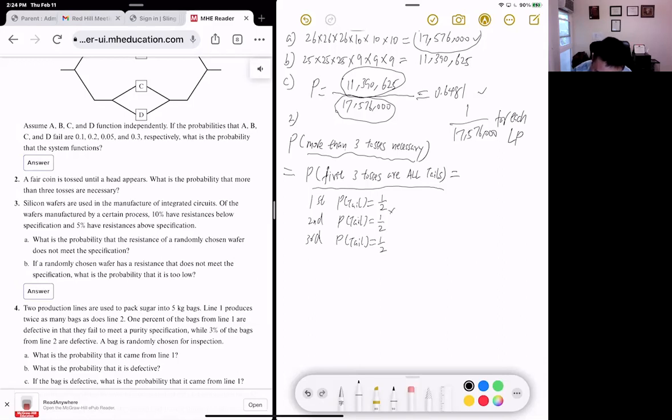So that is a 1/8 chance. So more than 3 tosses are necessary in this experiment means the first 3 tosses are all tails. If you know that, using the counting method, you can calculate the probability.